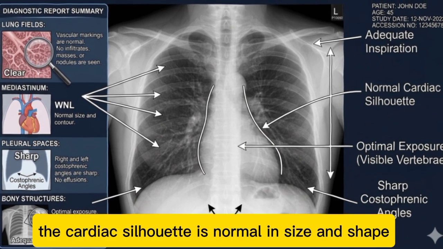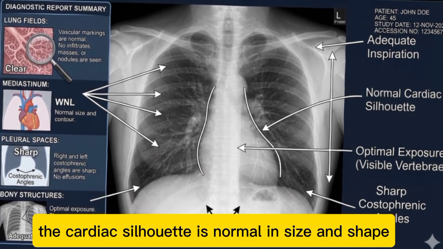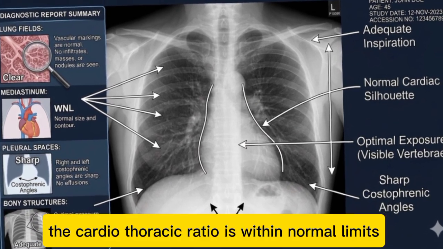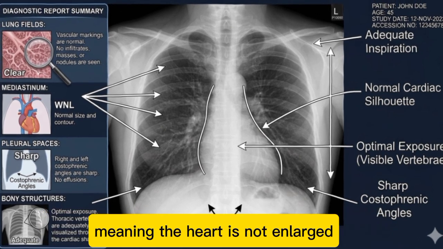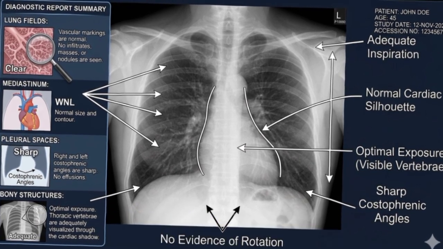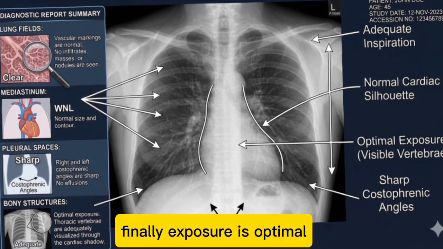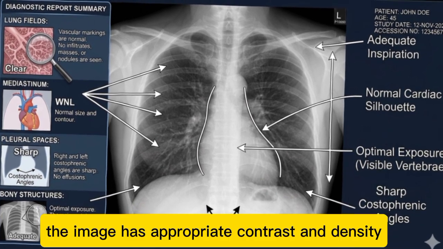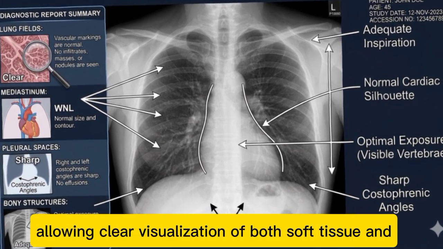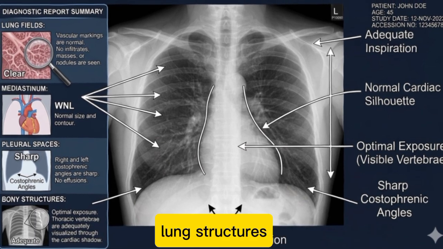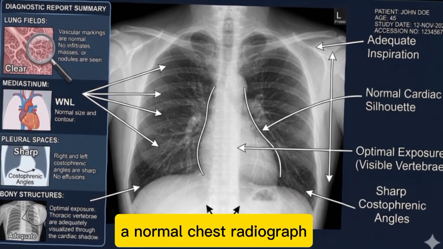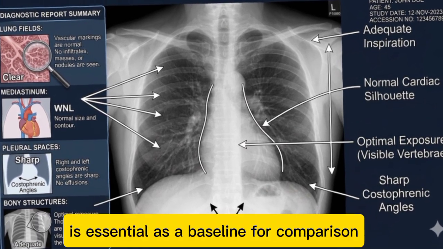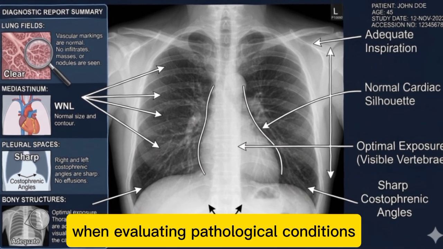The cardiac silhouette is normal in size and shape. The cardiothoracic ratio is within normal limits, meaning the heart is not enlarged. Finally, exposure is optimal. The image has appropriate contrast and density, allowing clear visualization of both soft tissue and lung structures. A normal chest radiograph is essential as a baseline for comparison when evaluating pathological conditions.